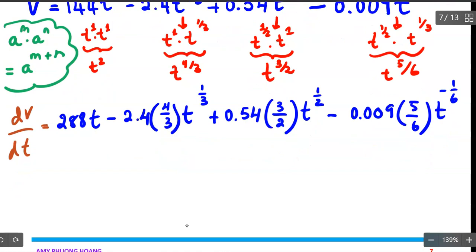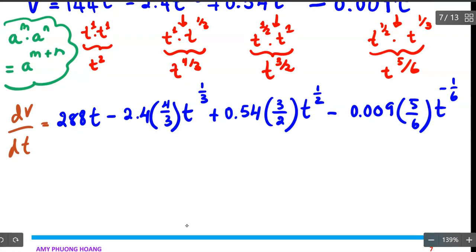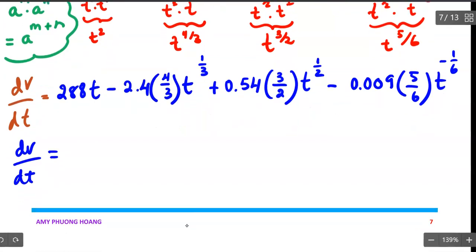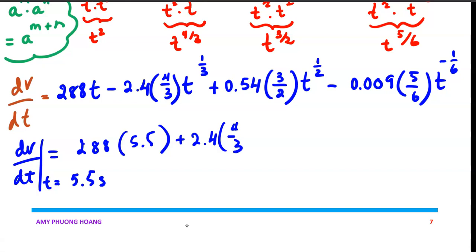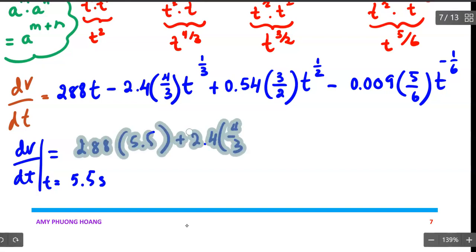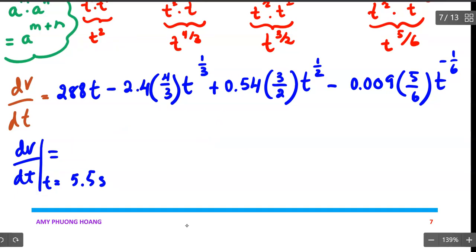Anyway, I only have 3 minutes left, so I am going to make sure that I give you all the answer. For dV over dt, I am going to substitute the values in and evaluate at t equal to 5.5 seconds. So I have 288 times 5.5 plus 2.4 times 4/3 times, and let me skip this step because everyone knows that I substitute t equal to 5.5.